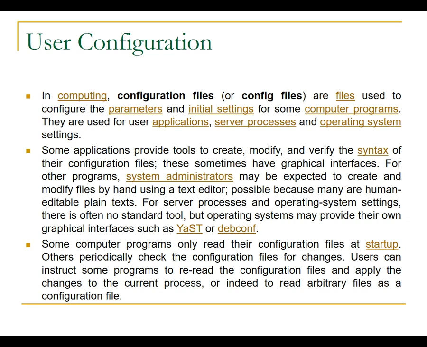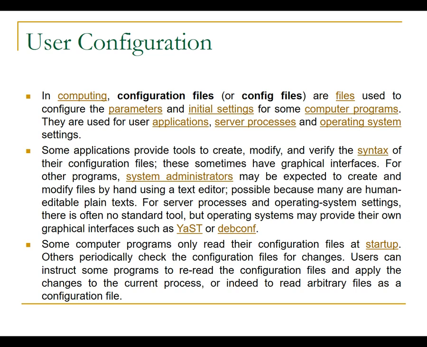So we can say that user configuration is the configuration file of the operating system which supports many other functionalities like initialization of the parameters, initialization of other supported files, server processes, computational programs, and application programs running on the operating system which we are using.